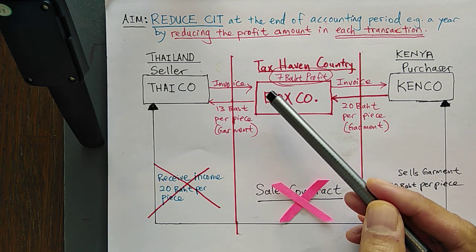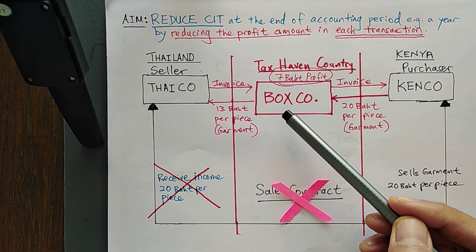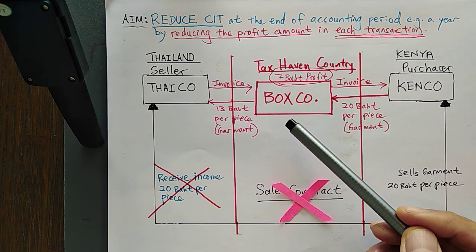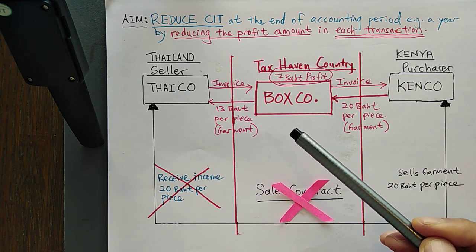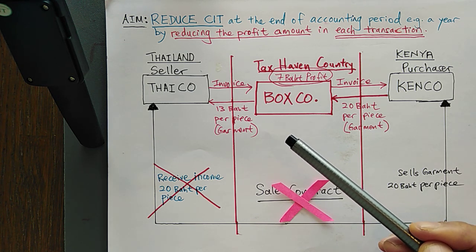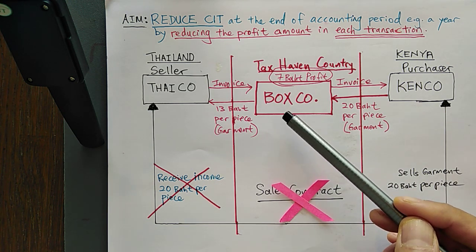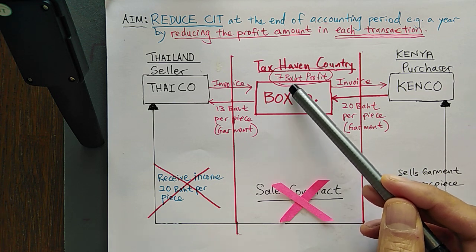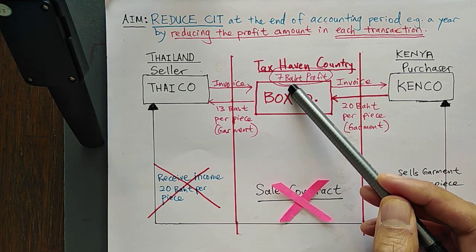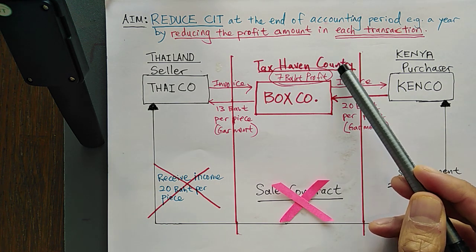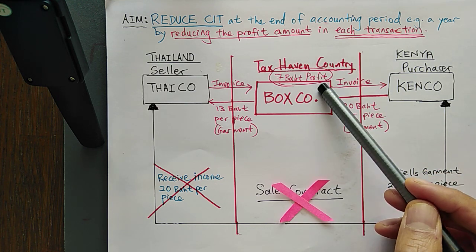In other words, when you talk about transfer pricing, the word pricing in transfer pricing really means transferring the profit that is in the price, the 7 baht, into a low tax or no income tax having country.